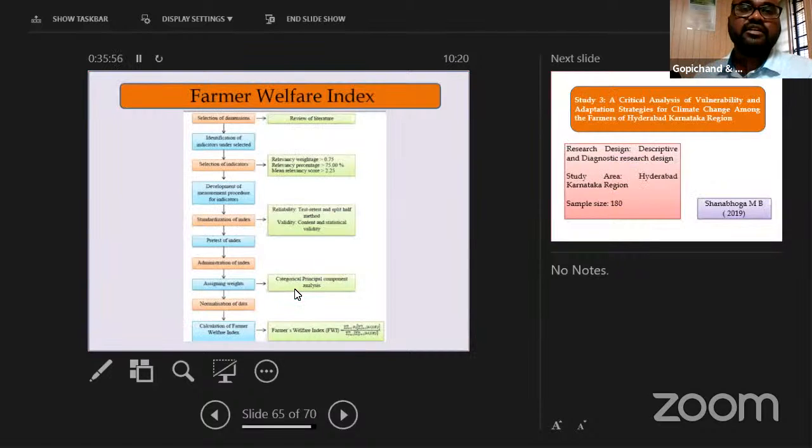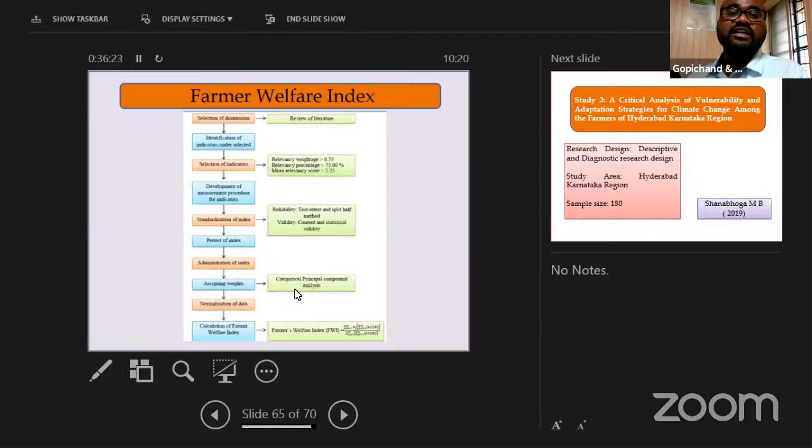Here is the process of the farmer welfare index developed by Darshana. First, the dimensions were selected based on review of literature, then identification of indicators under the selected variables, selection of indicators based on relevancy weightage, and development of measurement procedures for indicators.